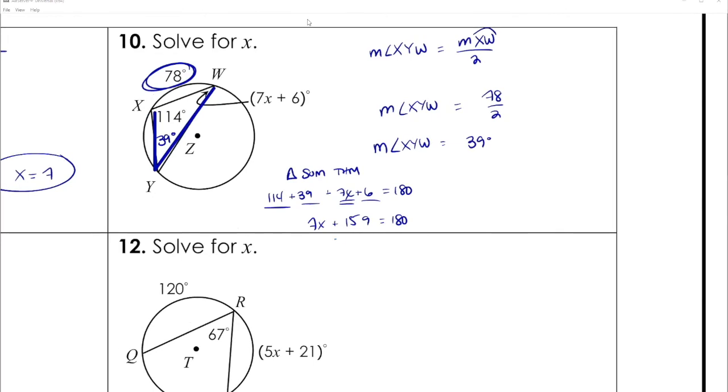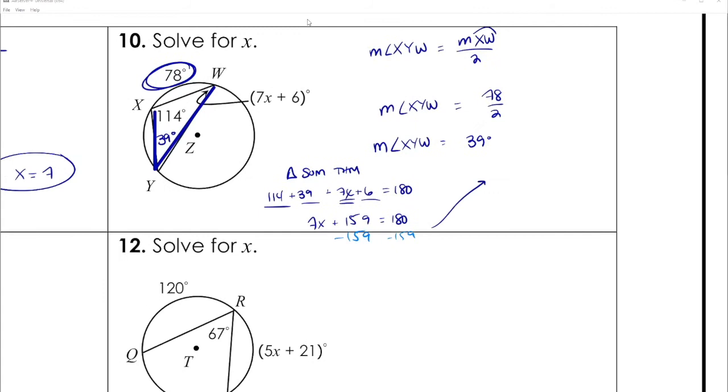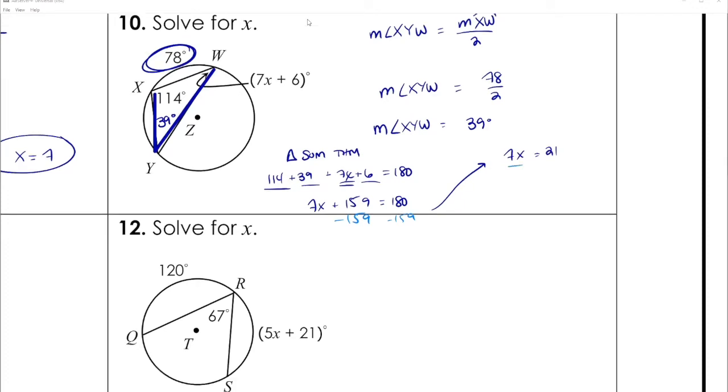Subtract 159 from both sides. I'm going to move it on up here because I'm running out of room. So 7x equals 21. Divide both sides by 7. We find out that x equals 3.